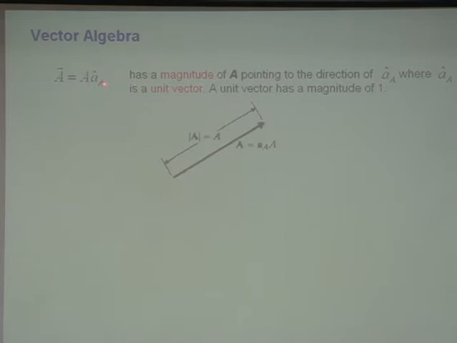So a vector has a magnitude of A, pointing to some direction denoted by this small a with a hat right here. And this small a with a hat is called unit vector, that has a length of 1. So this is the typical representation of a vector in space.